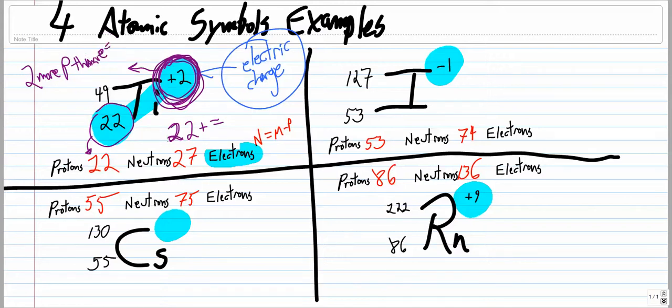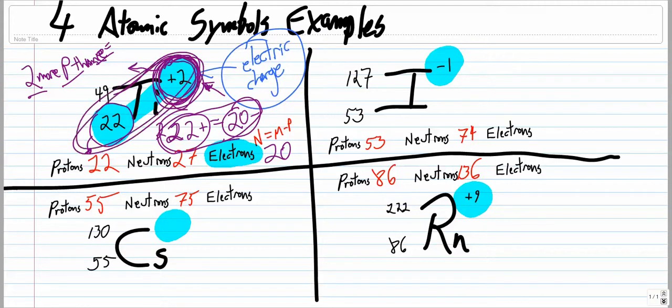So if we've got 22 pluses, we must only have 20 minuses. Because if you have 22 pluses and 20 minuses, what do these two add up to? Positive 22 and negative 20 add up to positive 2. So you have to use both of these numbers, the protons and the electric charge, to figure out the number of electrons.